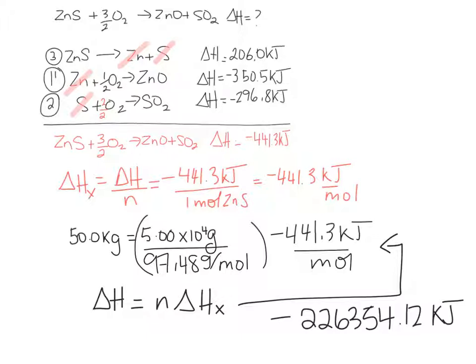The 226. Now, 1,000 kilojoules is a megajoule. So you can either change this to 2.26 times 10 to the 5 kilojoules, or you can change it to 226 megajoules.